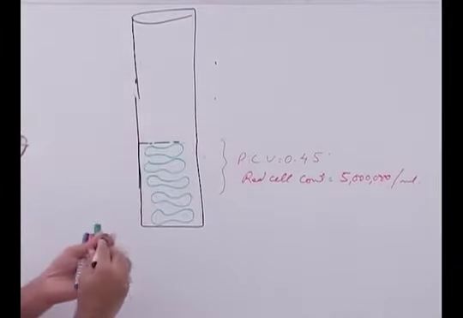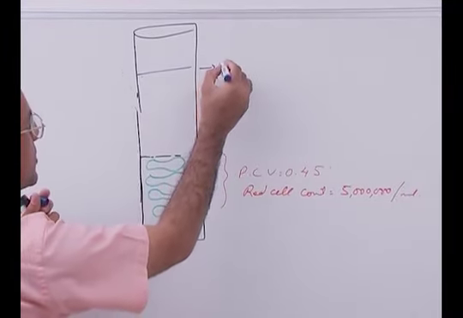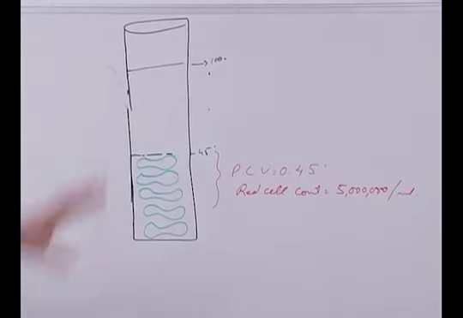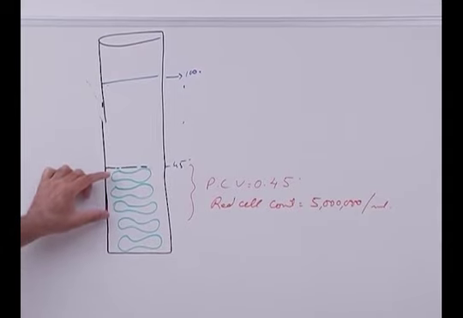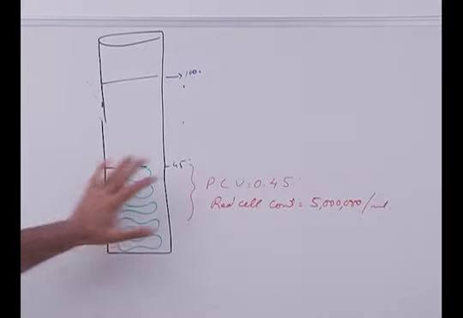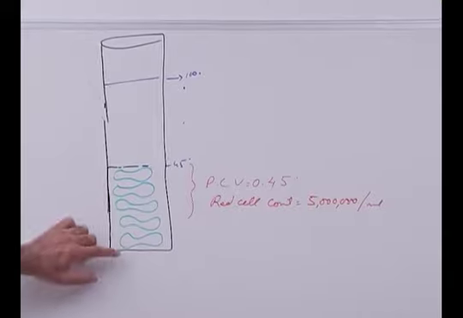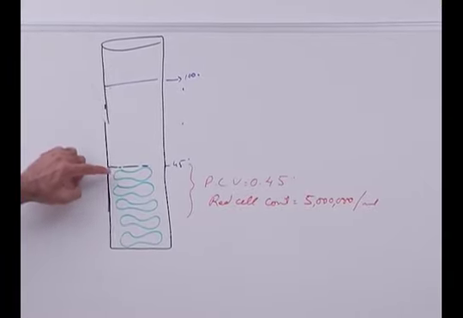This was a tube and plasma is up to here. It was 100 and here it was 45. Is that clear? Of course, in such an amount of blood, there are not 5 RBCs. Actually, I have drawn in the diagram 5 RBCs which are representative of all RBCs. For example, if it is 1 ml, then there should be 5 million RBCs. Then 1 RBC is representing 1 million red blood cells, right?